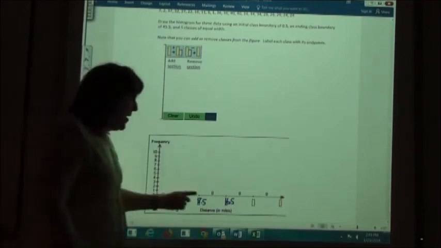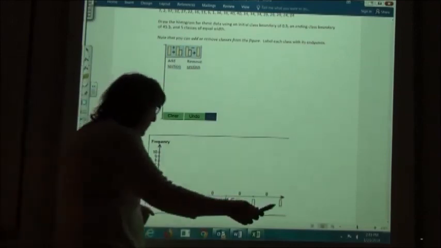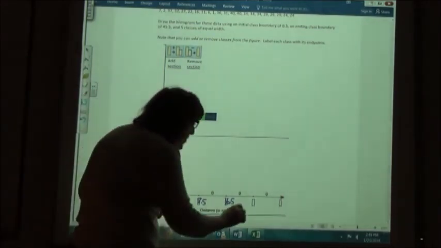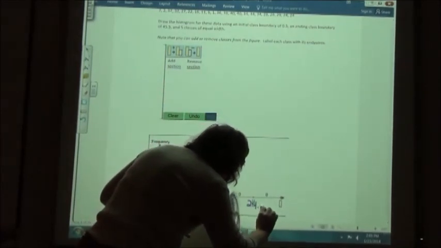The next one is going to be at 8 more than that, 16.5. The next one would then be at 24.5.